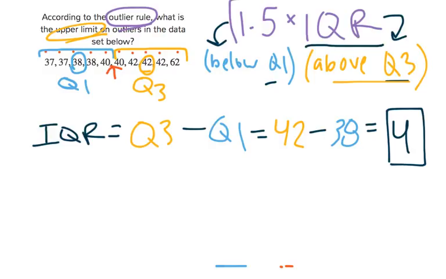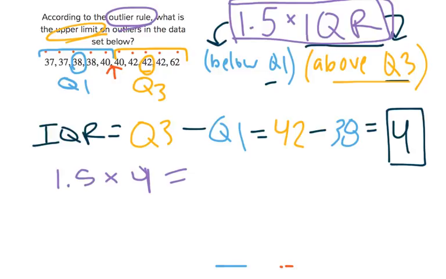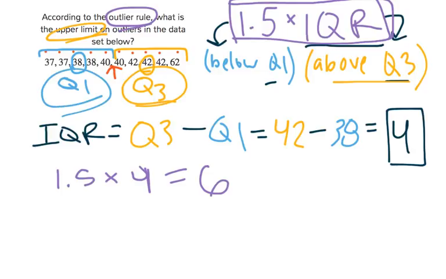Now we're going to take our outlier rule of 1.5 times the IQR. So 1.5 times the IQR, which is 4. 1.5 times 4 is going to give us 6. So my outlier rule says that if I'm 6 above Q3 or 6 below Q1, that's an outlier.